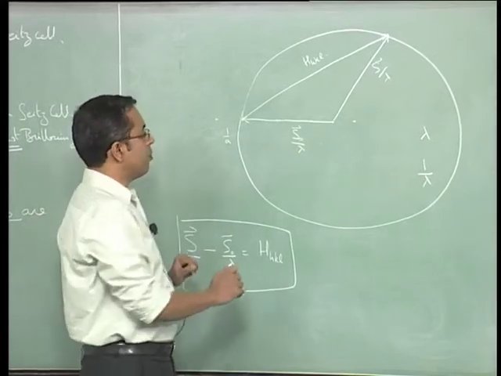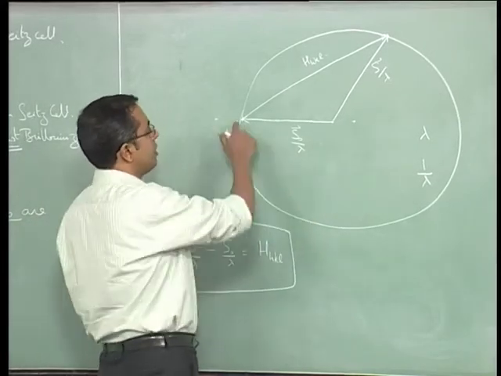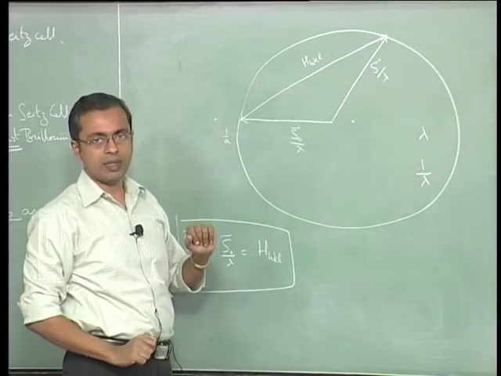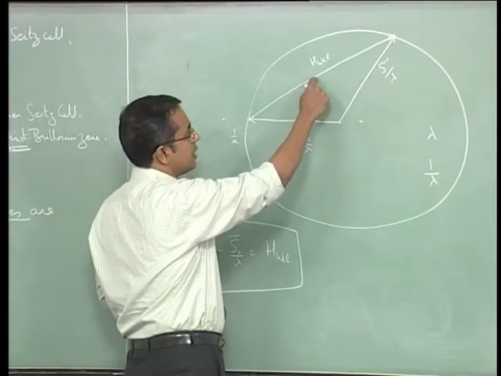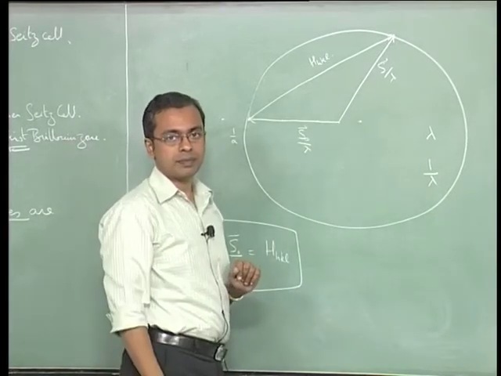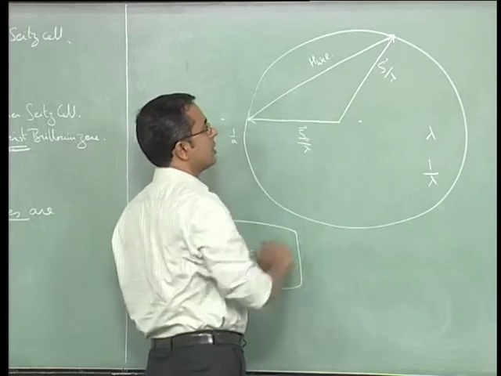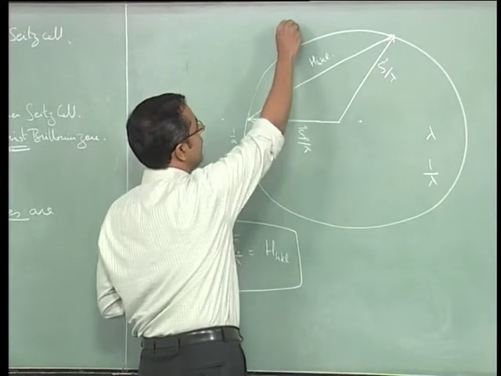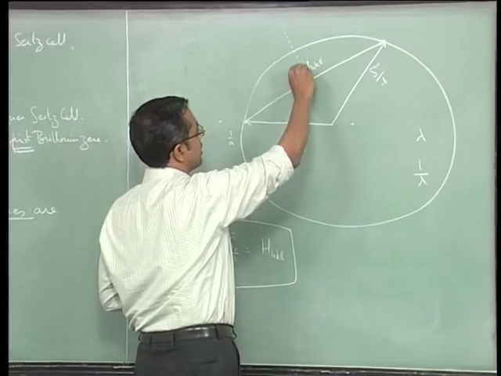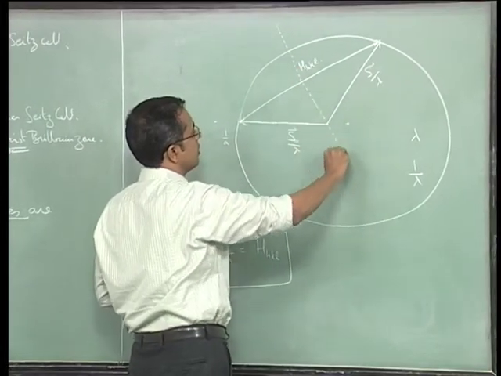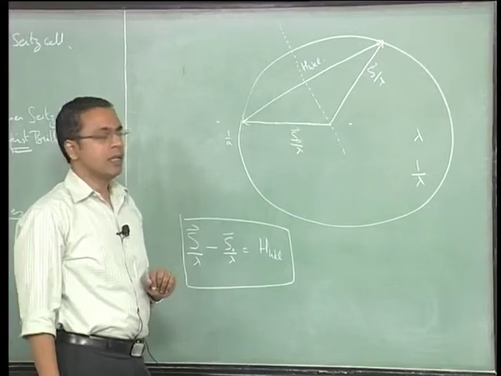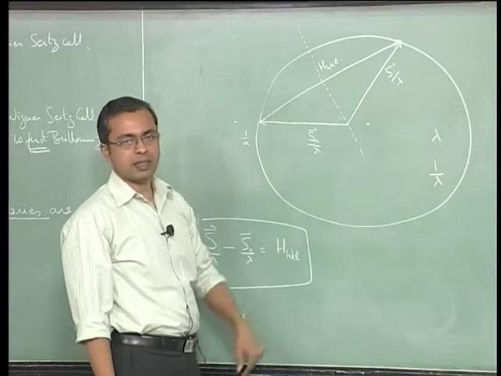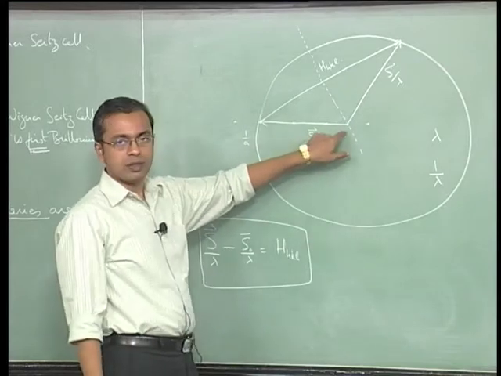Therefore, by definition, if you draw any line that intersects the circle at 2 points, the perpendicular bisector of that line will pass through the origin. So any line that I can draw like this, if I take its perpendicular bisector, it will pass through the origin.